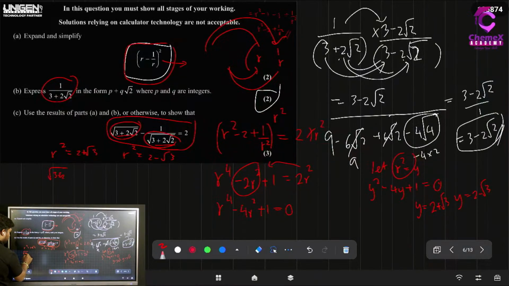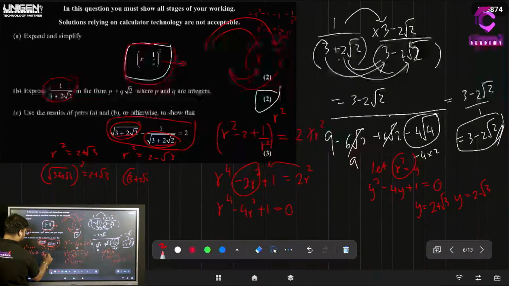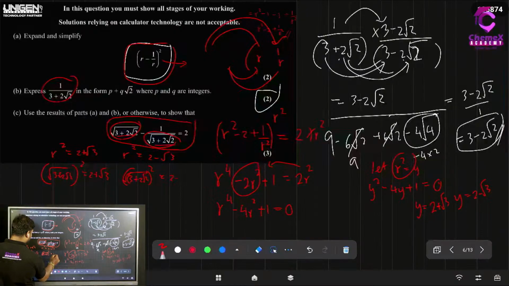So I'm going to write that inside. 3 plus 2 root 2 squared equals 2 plus root 3, and here also 3 plus 2 root 2 squared equals 2 minus root 3.